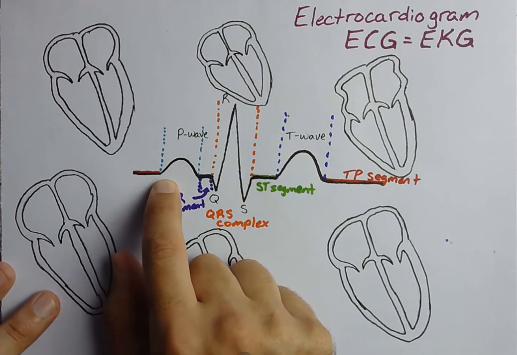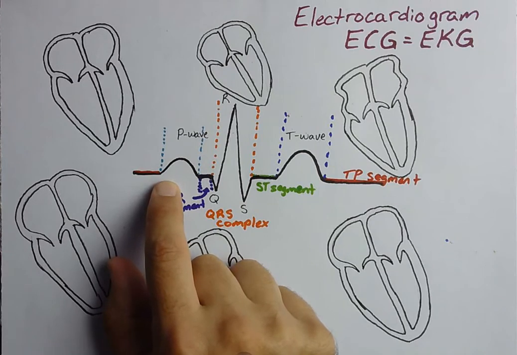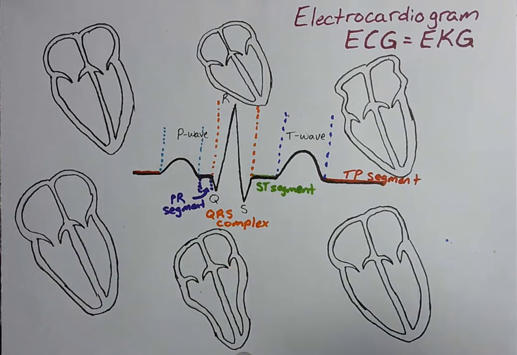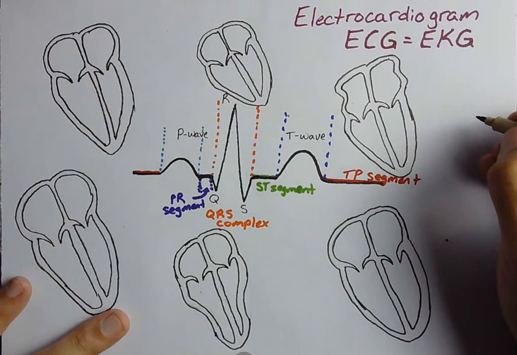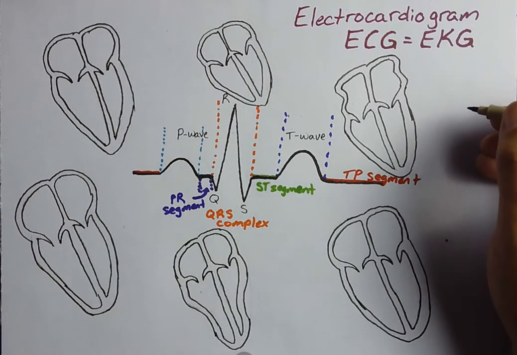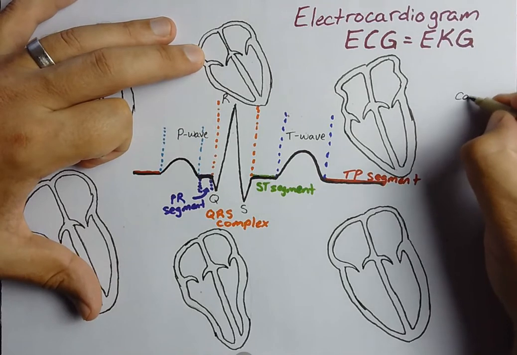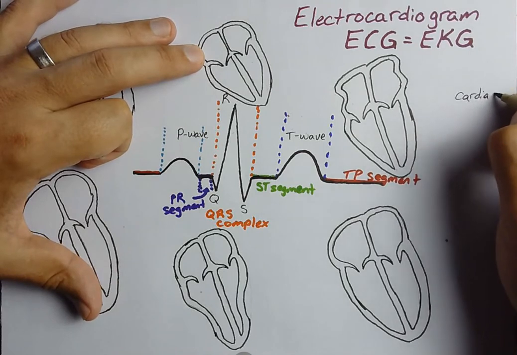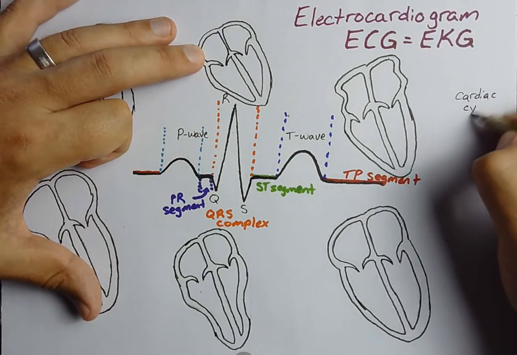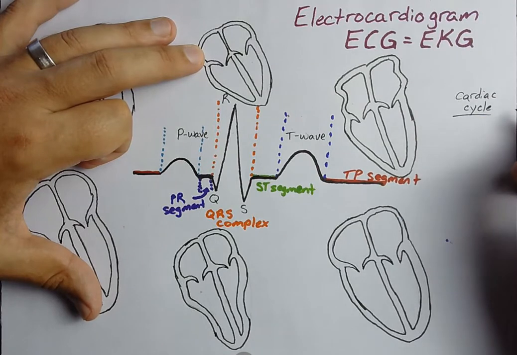Well, let's think about what's starting that cardiac cycle. Hopefully you've started to do that little bit of logic together. What's the very first part of a cardiac cycle? What's got to happen first? The autorhythmic cell has to create an action potential.